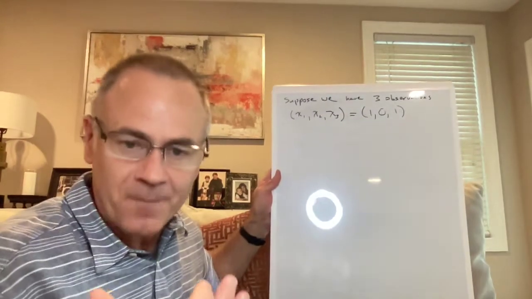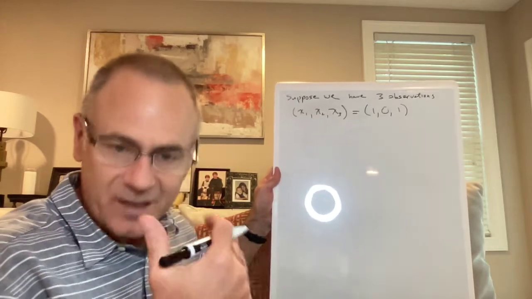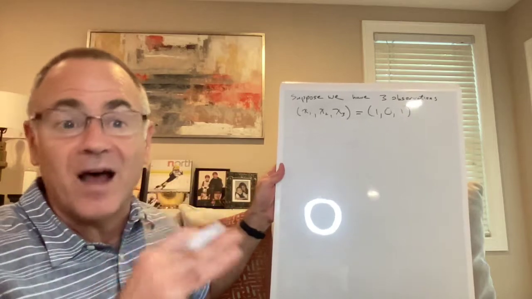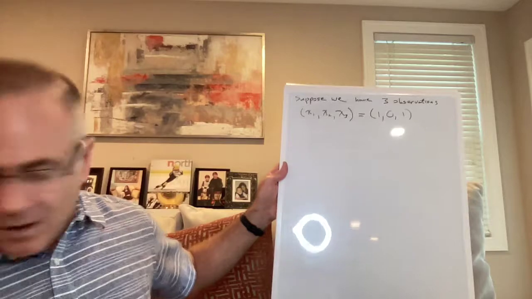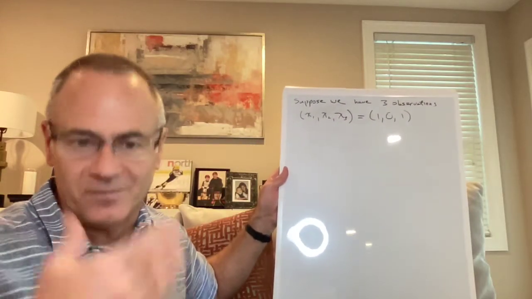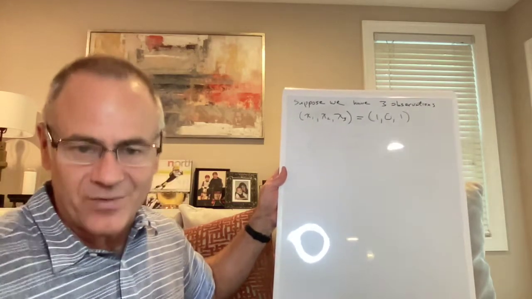Now, always in this course, we're going to define the likelihood function. As Flew said, it's the probability of observing the data given theta.